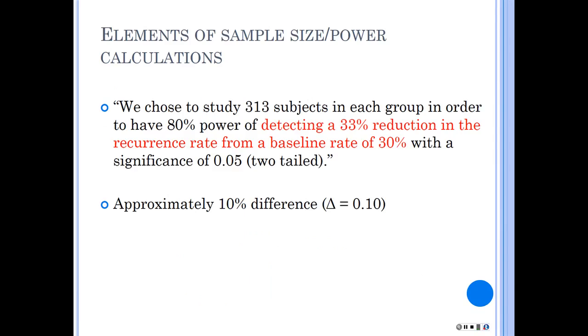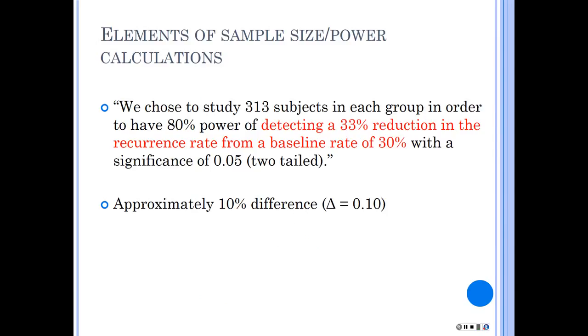In our example, they want to detect a 33% reduction in the recurrence rate from a baseline rate of 30%. Typically you would look at this and say that it's the difference between the two, but the key is that the baseline rate is 30%, and you're trying to detect a 33% reduction from the baseline rate.